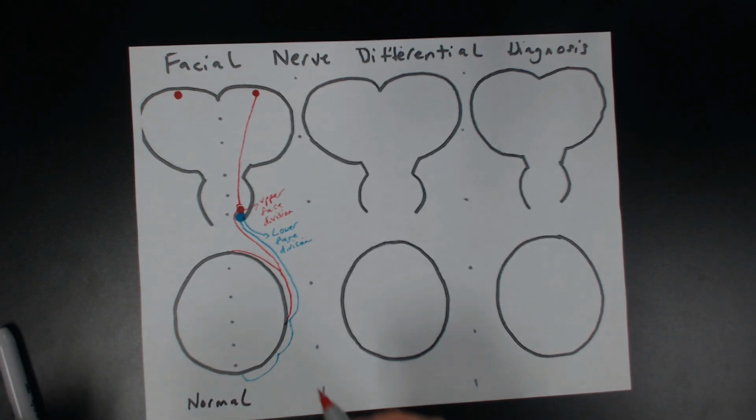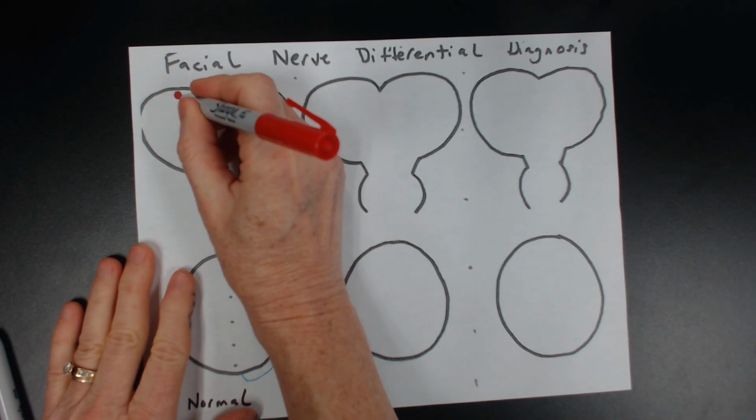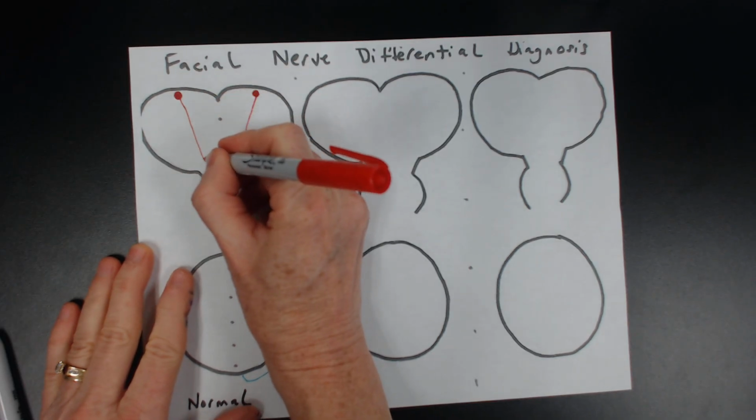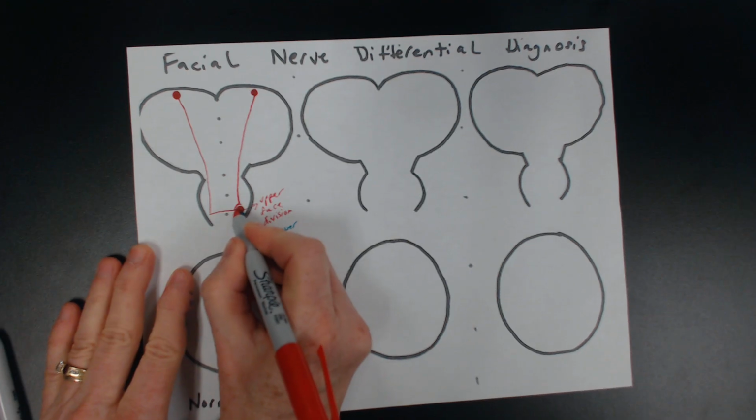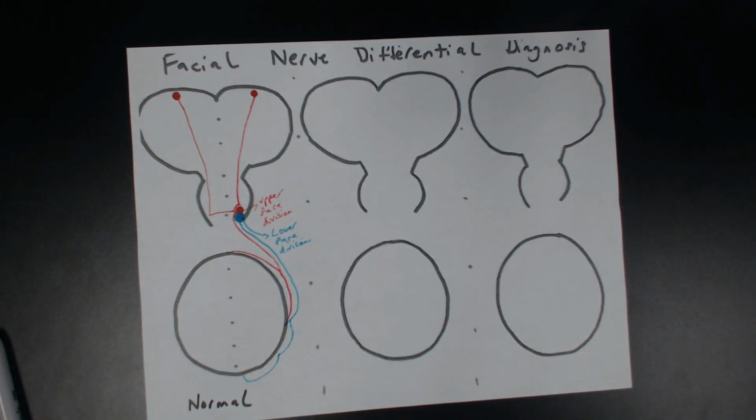Okay, and just like we saw a minute ago, the contralateral upper motor neuron sends out an axon that travels down and then decussates to synapse with the upper face division contralaterally. Okay, and that looks like the trigeminal motor that we just looked at.